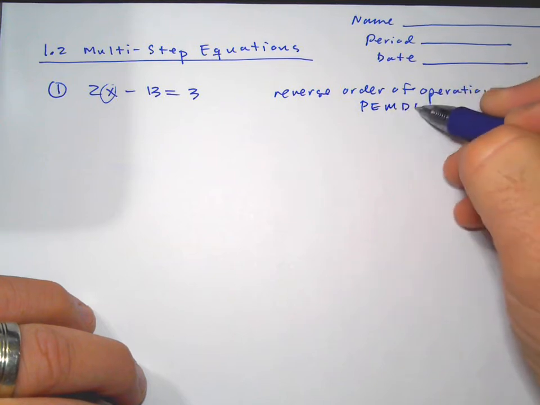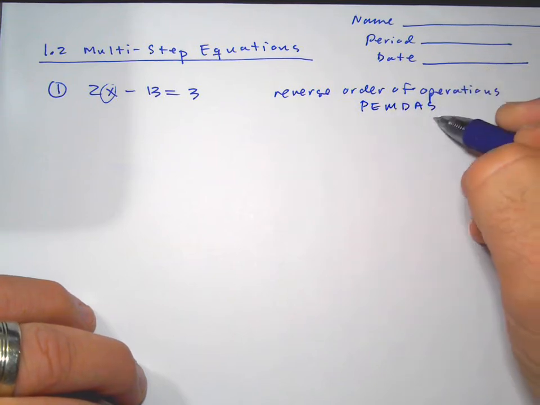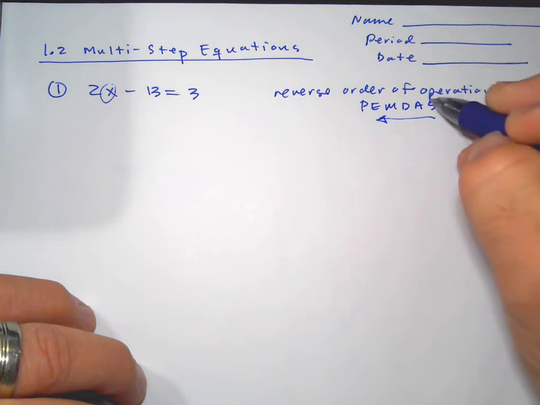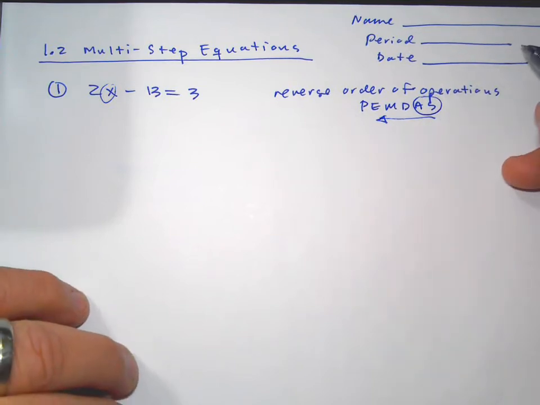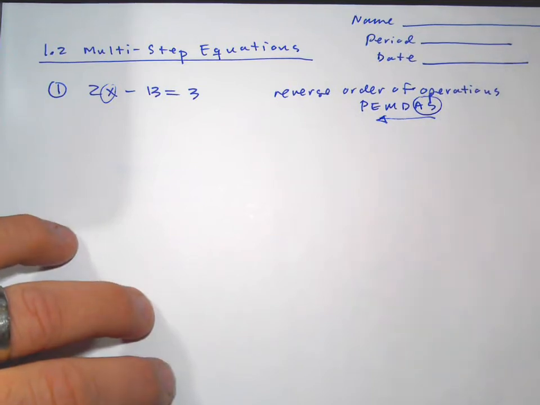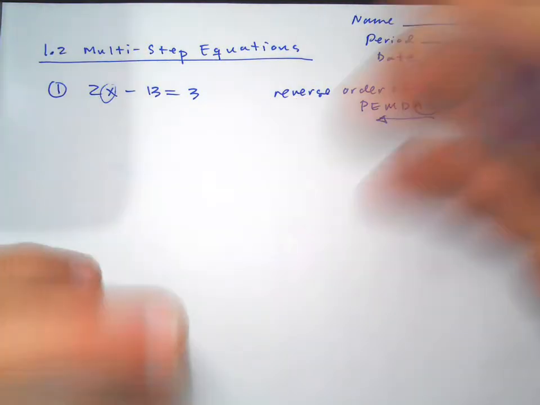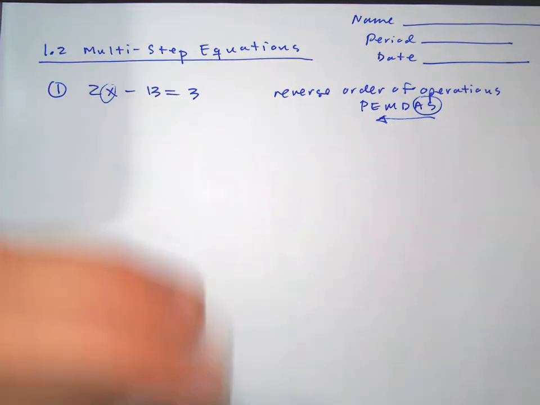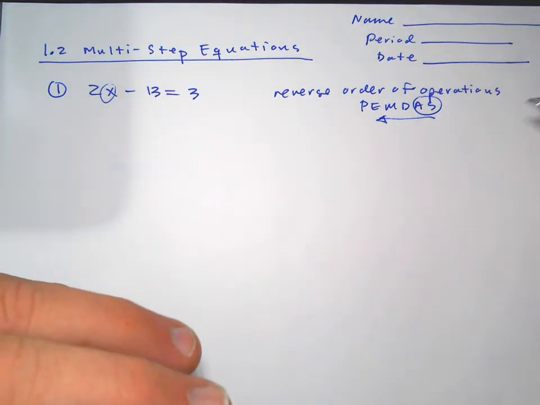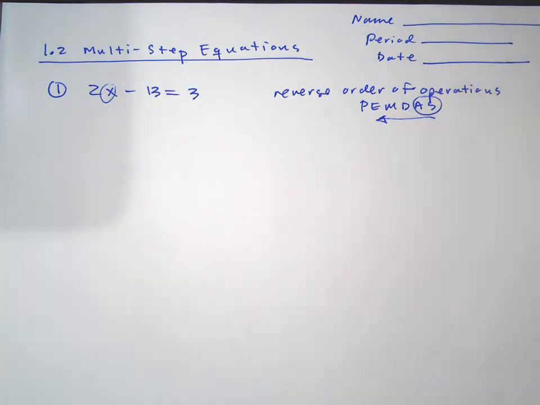In this case, because we're trying to undo things, we want to go backwards. So we want to get rid of addition and subtraction first, even though that's usually the last thing you do. And you can kind of think of it as like if you put something together, say a computer, to get to the inside, you have to take off the last thing you put on there.